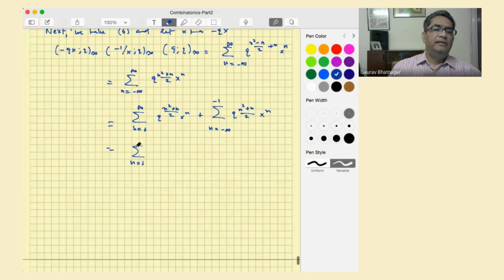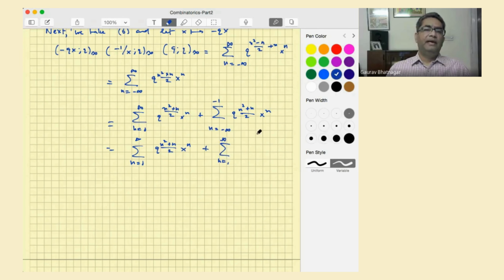Then this one stays the same. And this one I replace with n going from 1 to infinity, replacing n by minus n. So this becomes x to the minus n.